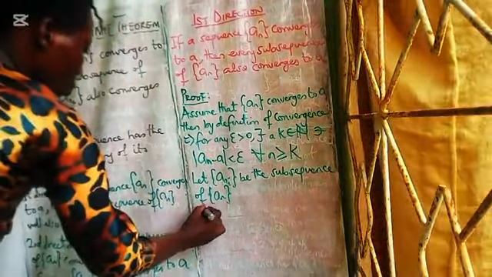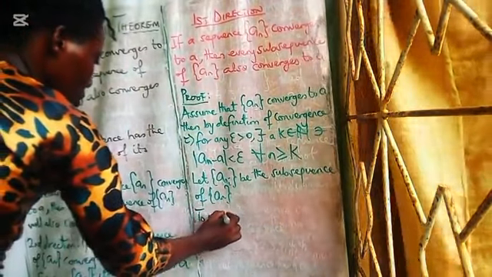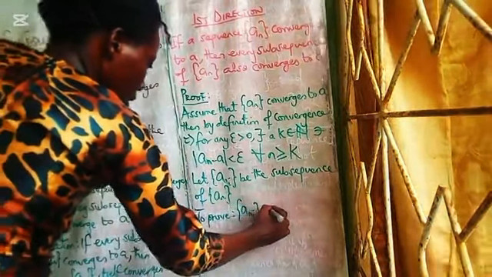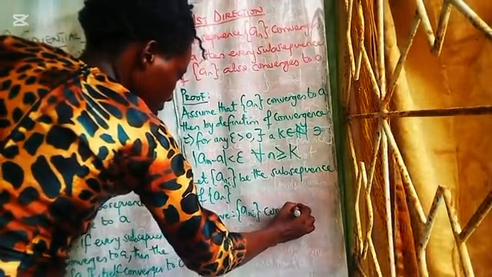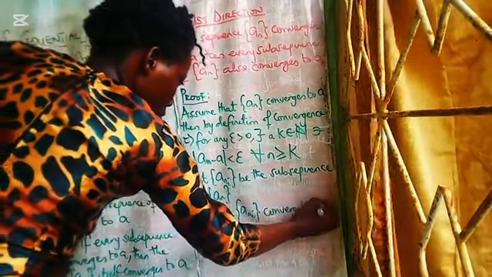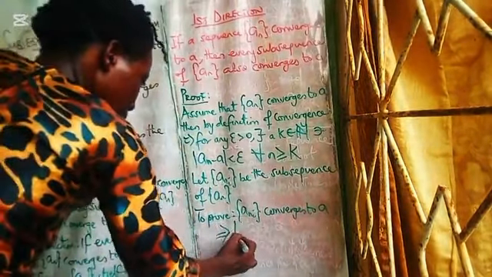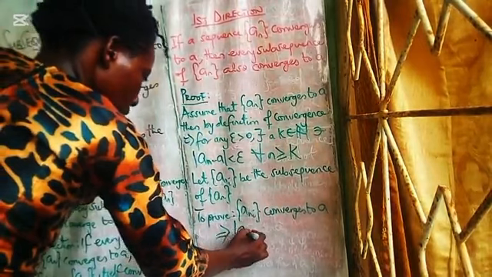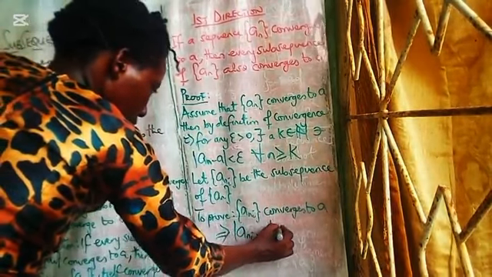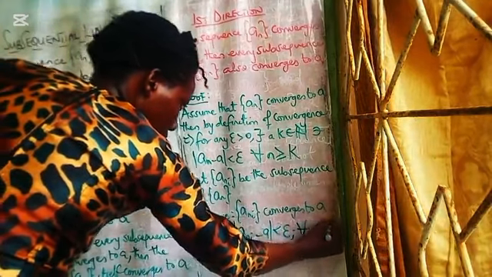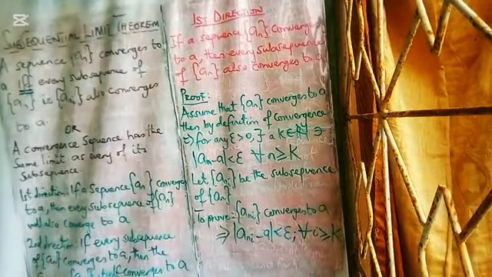We want to prove that A sub ni also converges to A, and that implies showing that the absolute value of A sub ni minus A is less than epsilon for all i greater than or equal to k.